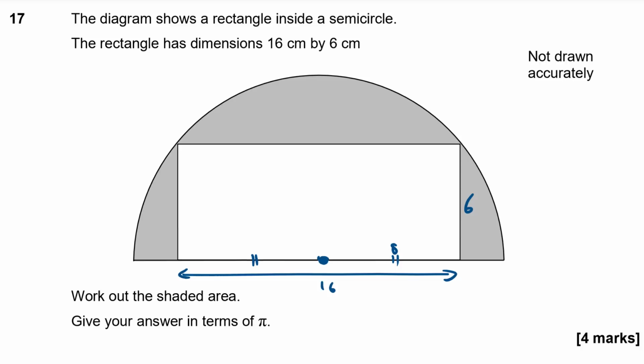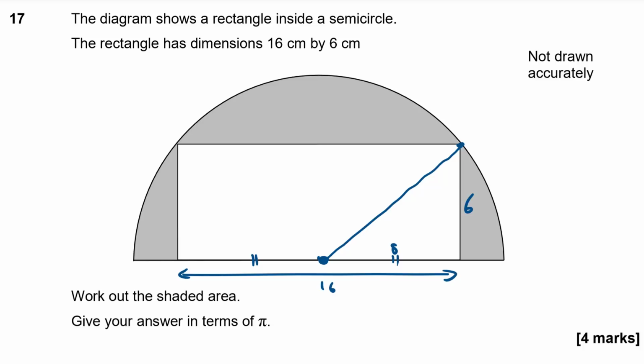Okay, now if I draw a radius from here to here, then I can use Pythagoras Theorem to then work out what the radius of this circle is.